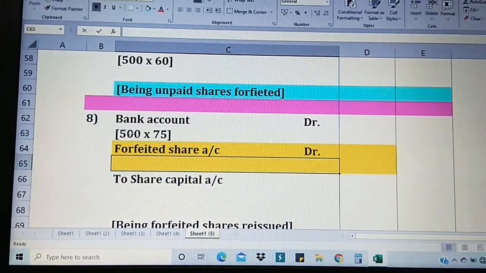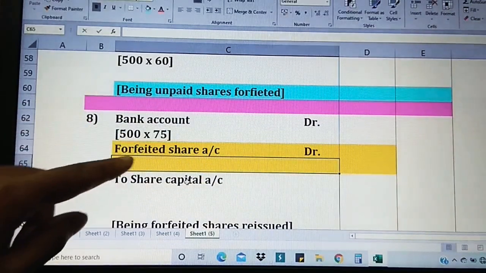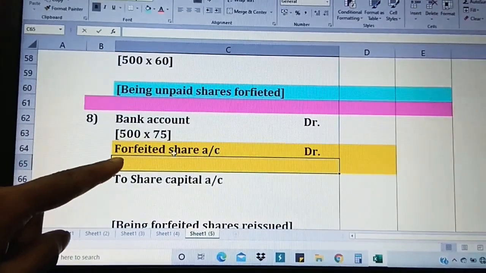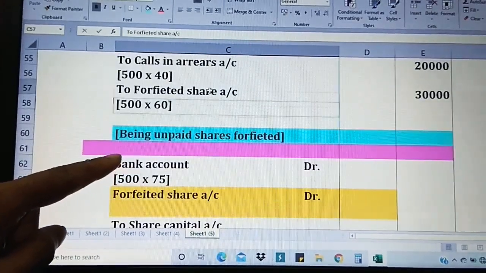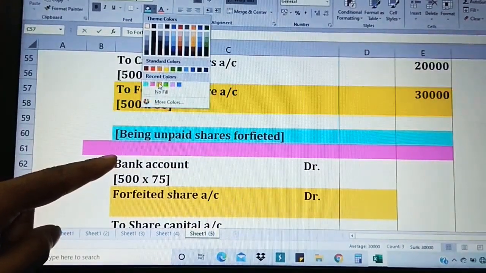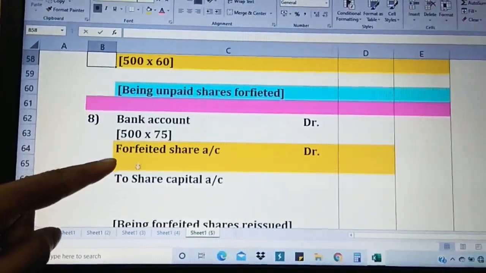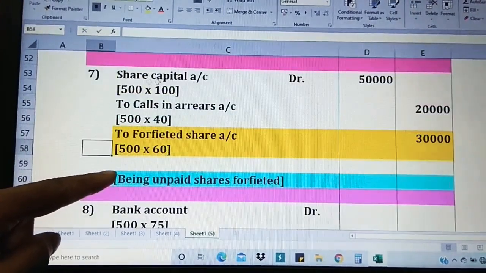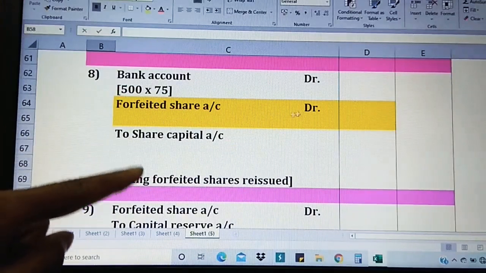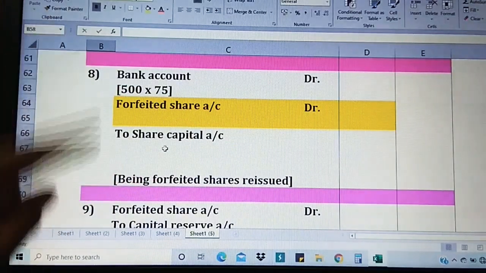So we have written bank account debited. Next, what is credited here will be debited here, forfeited share account. Next, what is debited here will be credited. So bank account debited, forfeited share account debited, to share capital account.